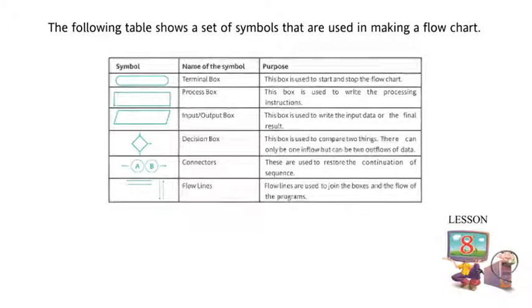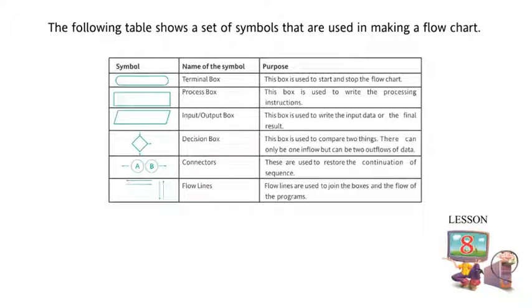The following table shows a set of symbols that are used in making a flowchart. Symbol, name of the symbol, purpose. Terminal box: this box is used to start and stop the flowchart. Process box: this box is used to write the processing instructions.